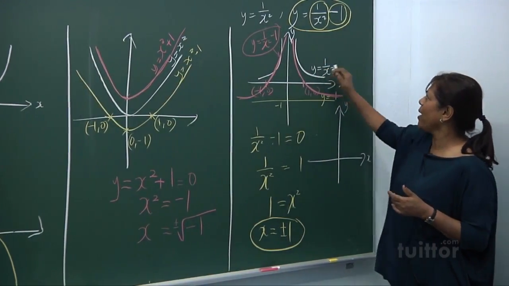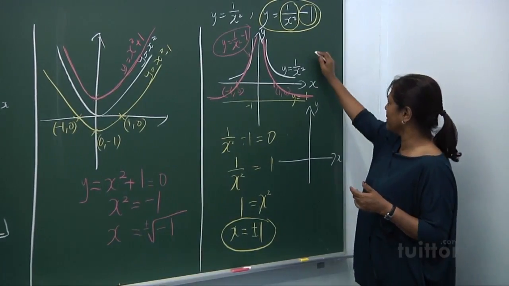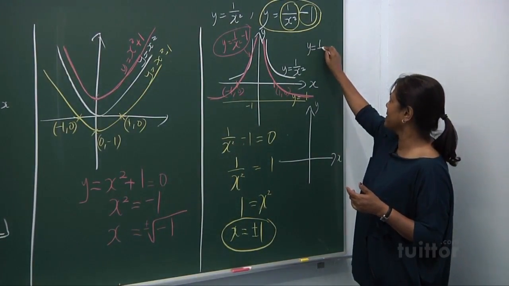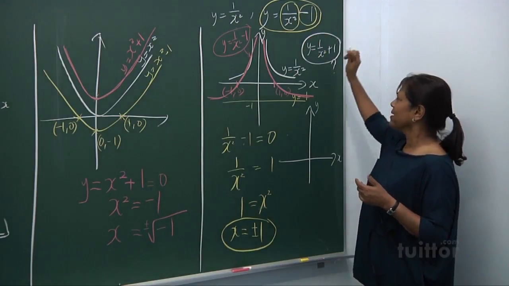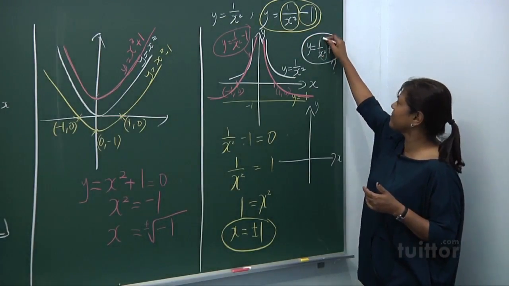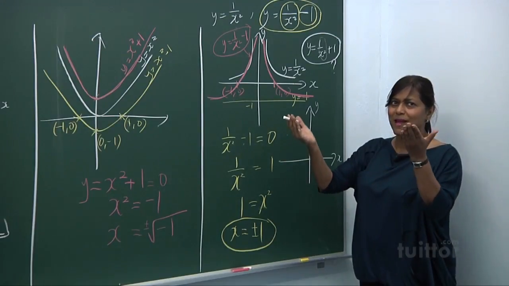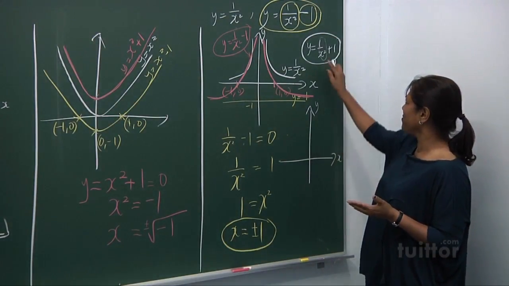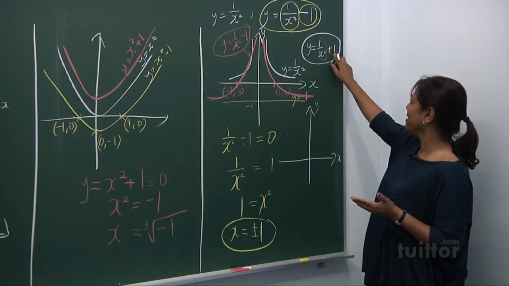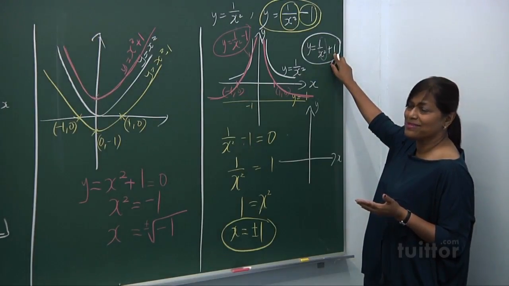Well, 1 over x squared plus 1. How do you draw it? Well, it is again this graph moving one step up. When the graph moves one step up, there are no roots.